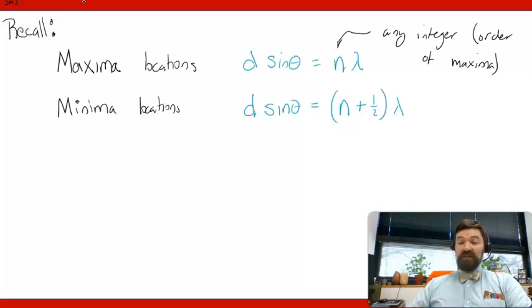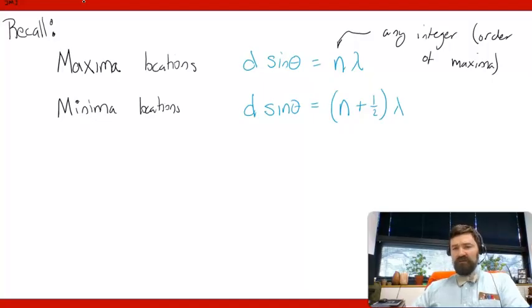Now n can be negative because we can go to the left or to the right or above or below depending on your orientation, but it does need to be an integer. Lambda, of course, is the wavelength of your light, and we're assuming here that you have monochromatic light, so it all has the same wavelength.